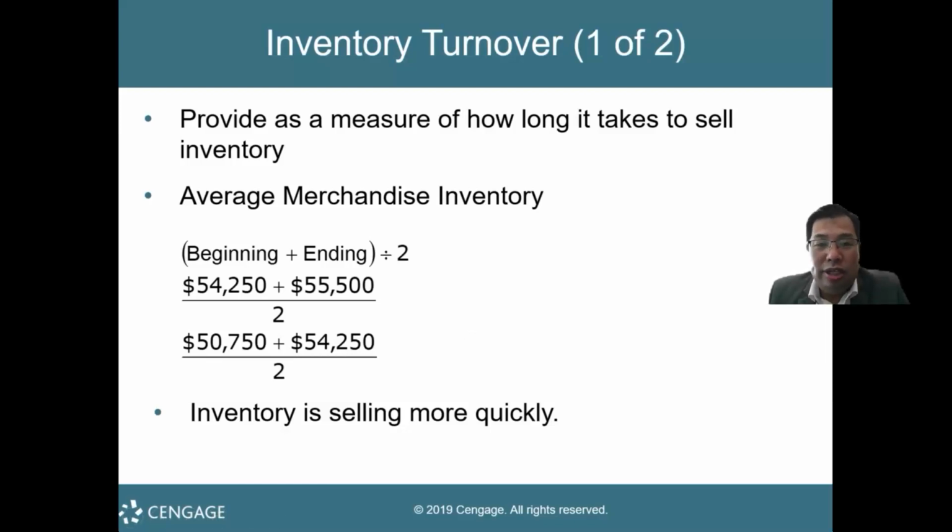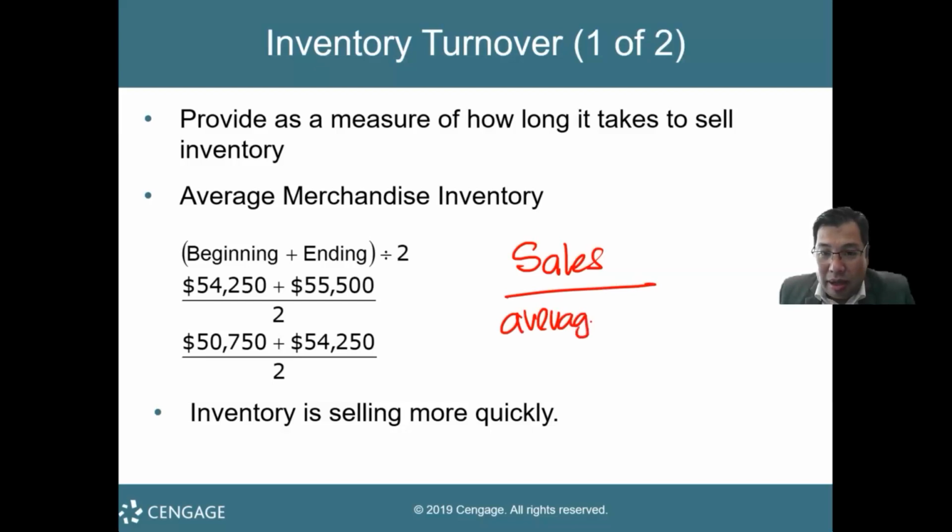We need to measure your average inventory: your opening inventory plus closing inventory, divide by 2. So that will be your average inventory. And how to measure inventory turnover? Sales divide by average inventory.